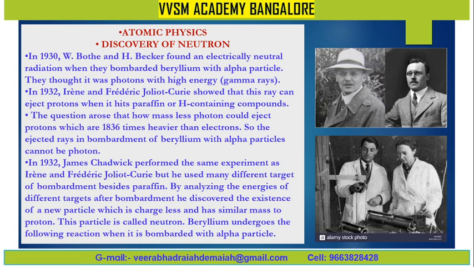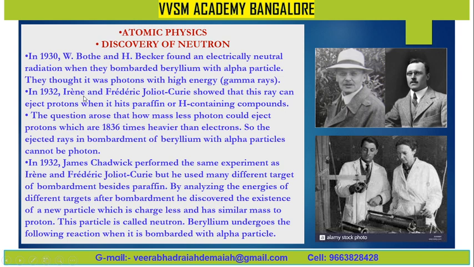In 1930, W. Bothe and H. Becker found an electrically neutral radiation. A number of scientists contributed towards the discovery of neutron in several ways. These persons were responsible for finding the electrically neutral radiation when they bombarded beryllium with alpha particles. They thought it was high energy gamma rays.